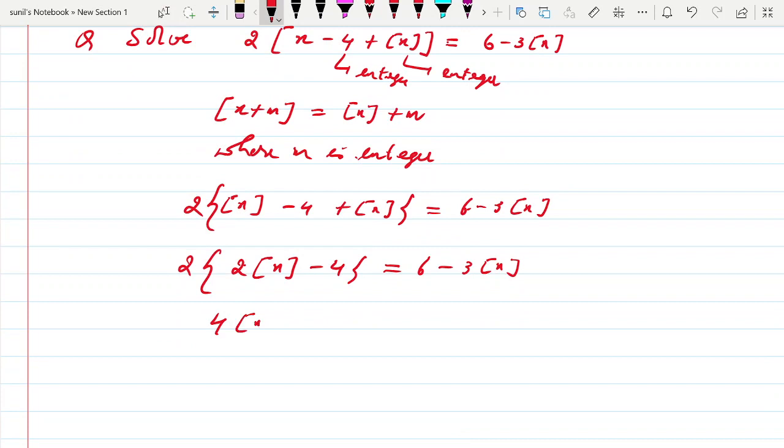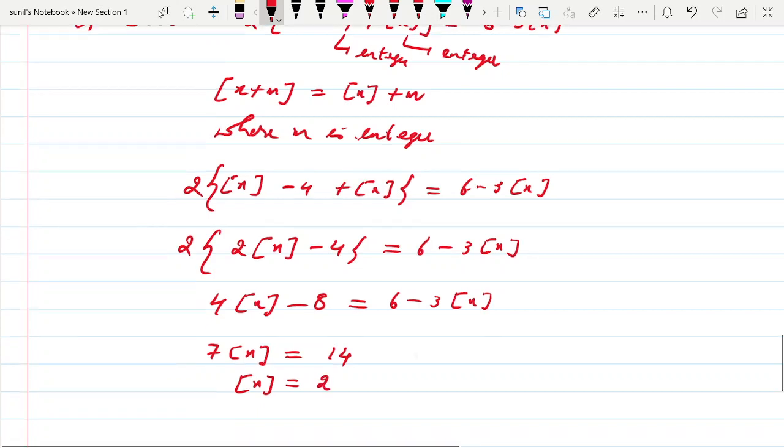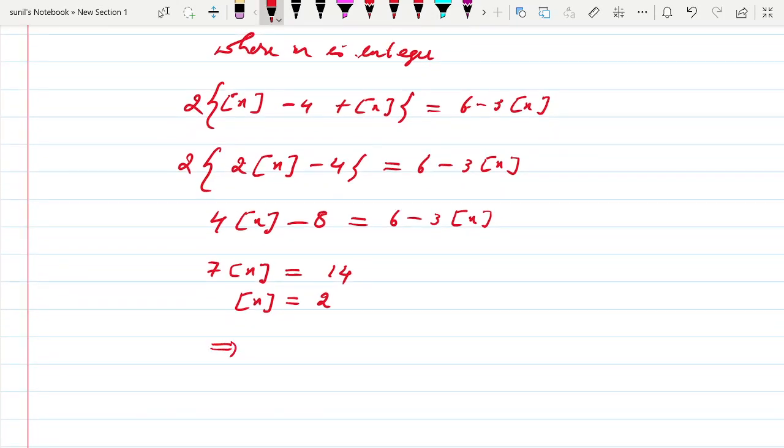This is 4 times bracket x minus 16 is equal to 6 minus thrice bracket x. Now this is 7 times, sorry, it is turning out to be 8 times bracket x equal to 14. So bracket x is equal to 2. So what will you conclude? This will imply x lies between 2 and 3. That is the final answer.